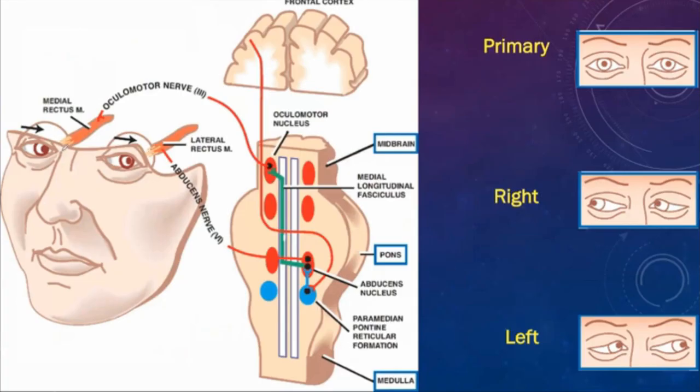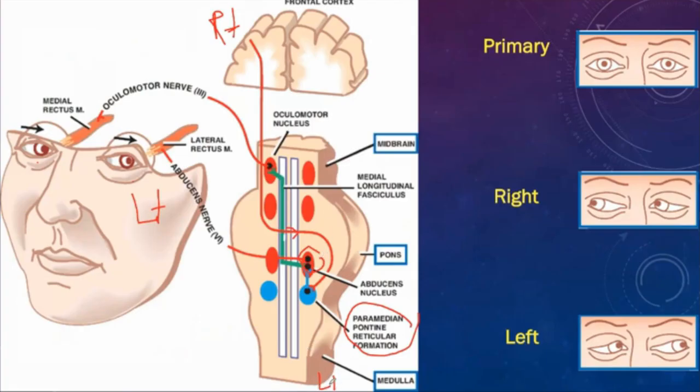We said that in order for both eyes, the right eye and the left eye, to look at the left, stimulation comes from the right frontal eye field or area 8 that will send across the brain and the brainstem, and then it will cross to the opposite side to stimulate the left parapontine reticular formation or the left horizontal gaze center. The left horizontal gaze center then will stimulate the left abducent nucleus.